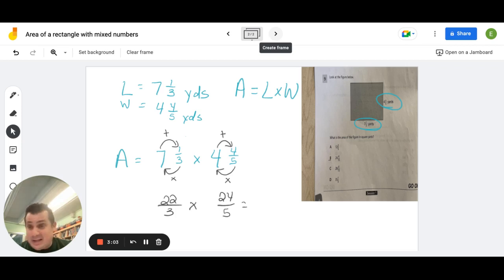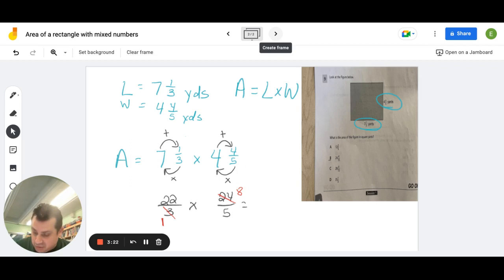Nope, it can't, so I can't cross cancel anything. But can 3 go into 24? Yes, 3 is a common factor. So I can cross out my 3. 3 goes into 3 one time, and 3 goes into 24 8 times.